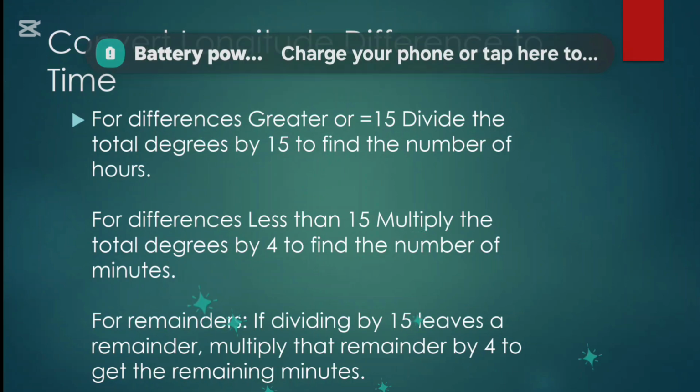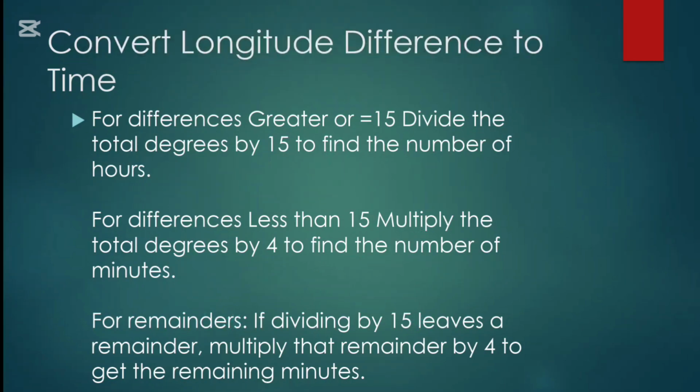But if it is less than 15, then we multiply it by 4 to get our answer in minutes. If you divide it by 15, any answer that you get is in hours. But if you multiply it by 4, any answer that you get is in minutes. So that is how we convert longitude difference to time.